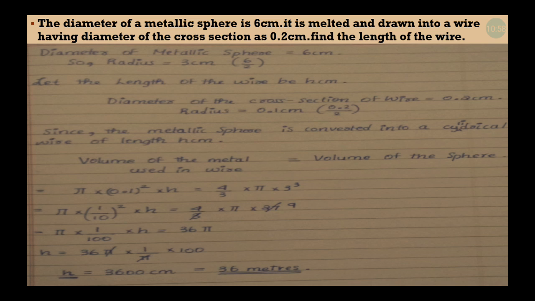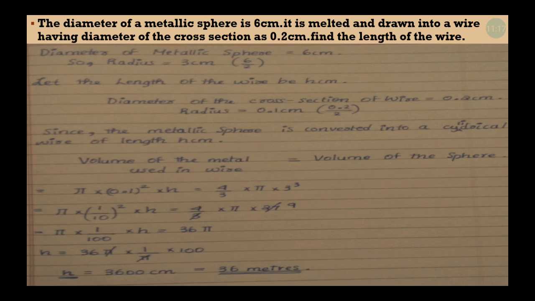Okay, the next one. The diameter of a metallic sphere is 6 centimeter. It is melted and drawn into a wire having a cross-section diameter of 0.2 centimeter. Find the length of the wire. This is a slight variation from the sum we have seen already.